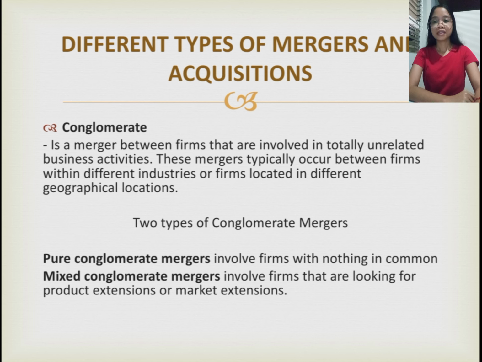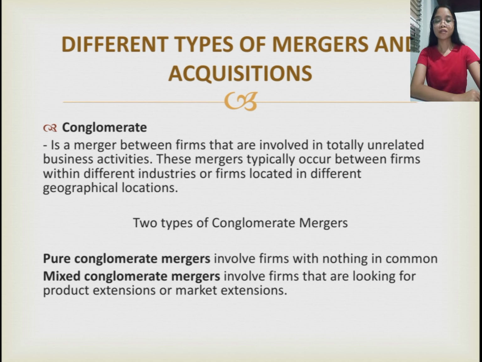So Walt Disney Company is an entertainment company, while American Broadcasting Company is a US commercial broadcast television network, the media or the news company. So the two firms will enter into a conglomerate merger to increase their market share, diversify their business, cross-sell their products, and take advantage of these synergies.